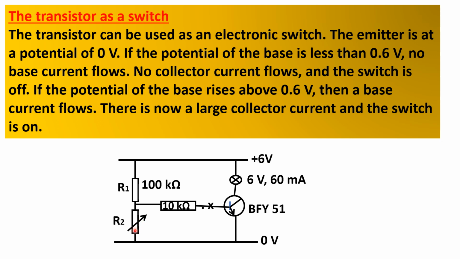Say, for example, you begin at 0 resistance, then you can increase it to as much as what R1 has, 100 kilo ohms. Again, there is another resistor. This is for safety purposes.